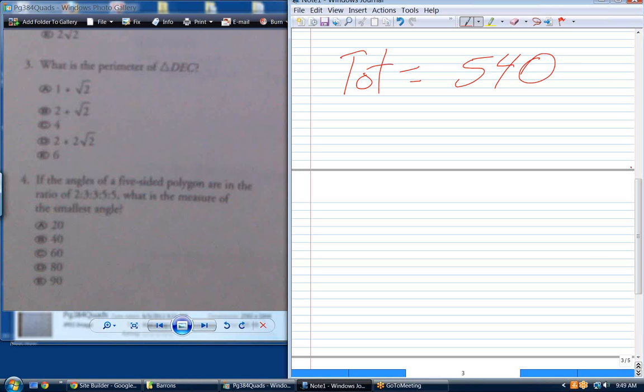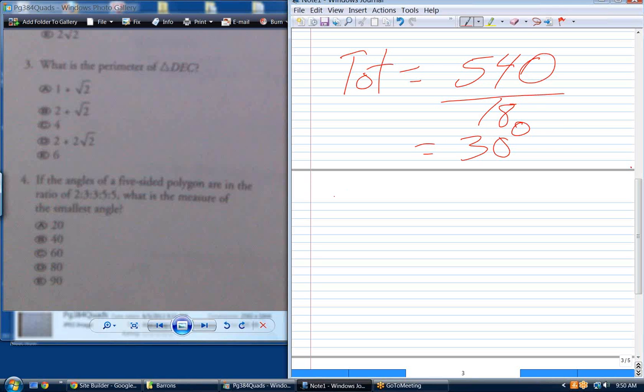No, that won't work. Actually, that will work. That's a shortcut. Now, you notice you got the 18 by totaling all of those. I like that. 540 divided by 18 gives you 30 degrees. So what's the smallest angle? 60. Good. That's actually a nice shortcut.